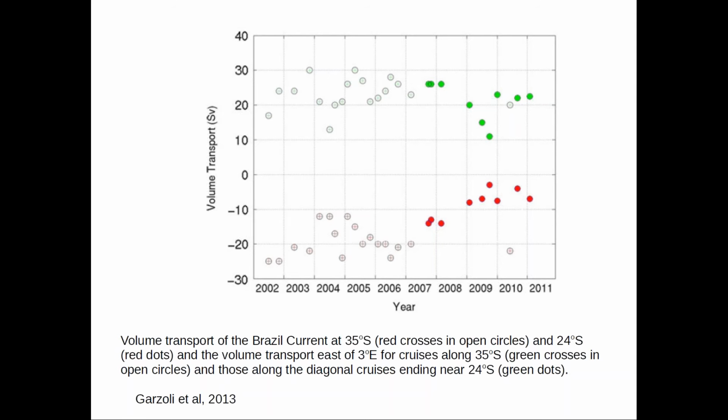Here we also had some XBT sections where it's even harder to see what's annual, semi-annual, or mesoscale. But what I found interesting here is 35 south, which is the red crosses in open circles, so that's these guys here, and then 24 south, which is the red dots. So you see there's a latitude dependence again that I talked about before.